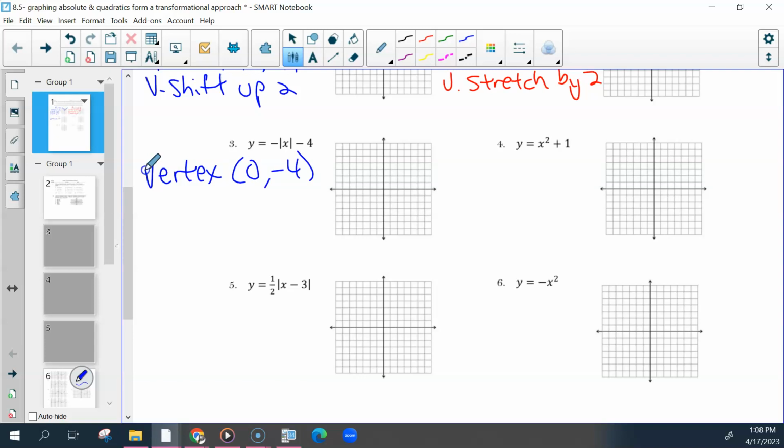It doesn't switch for the second number. For the first number, yes, if it's not 0. So start there, at 0, negative 4. That would mean we don't have any horizontal shifts, but we did have a vertical shift, down 4.